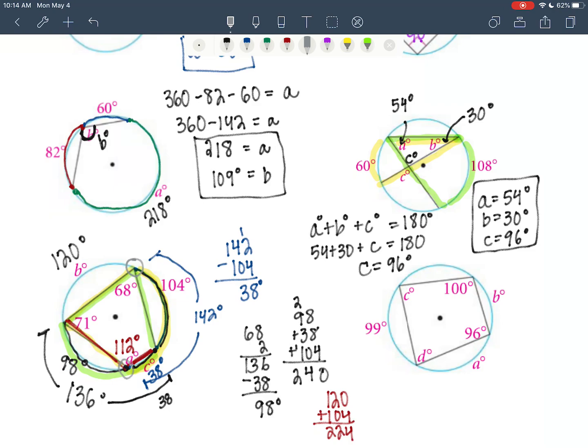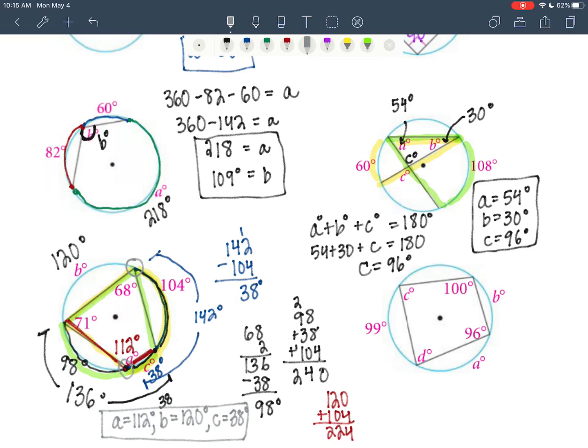So A is going to equal 112, B is equal to 120, and C is equal to 38 degrees. And it's a true story, and now we've proven it. Opposite angles of the quadrilateral are going to be supplementary when it's inscribed in a circle.